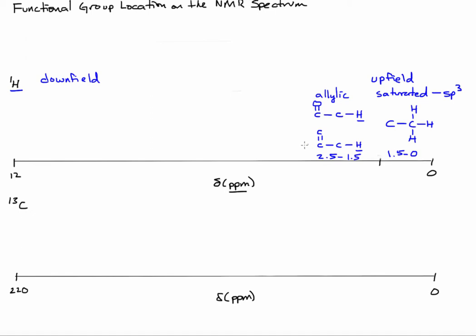Moving more downfield in the region of 2.5 to around 4.5. These are hydrogens bonded to carbon, which is bonded to a heteroatom.